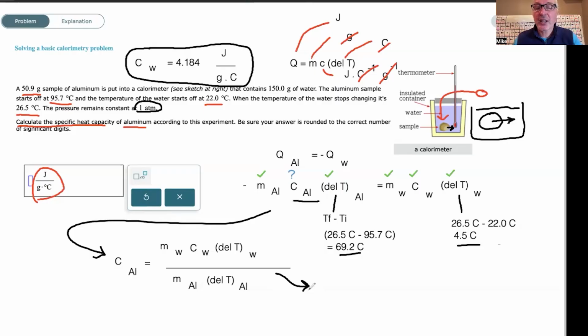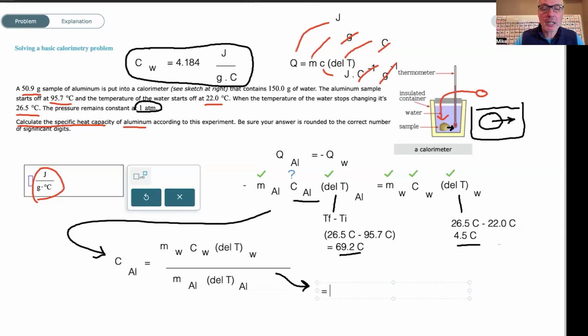Now, for the sake of this, I'm expecting the specific heat capacity of aluminum to be much lower than that of water because, like I said, water is the highest heat capacity of anything common, and metals are usually pretty low heat capacity. So I'm going to get a number much less than 4.184 when I get all done with this. Then we've got to round it to the correct number of significant figures. Let's talk about that in a little bit here.